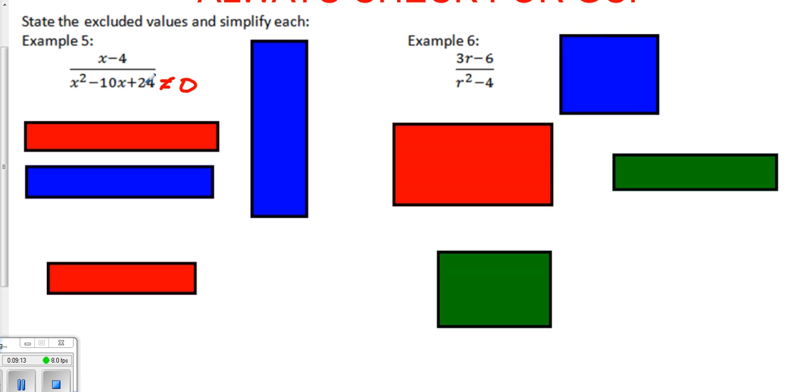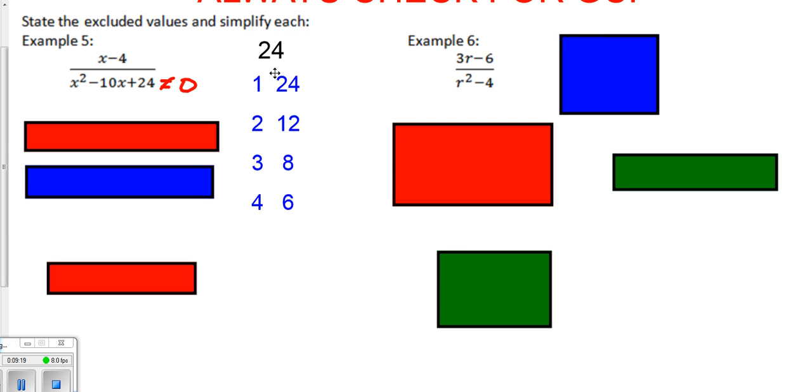This has 3 terms, so we use the AC method. A is 1, C is 24, so AC is 24. Factors of 24 are 1 and 24, 2 and 12, 3 and 8, 4 and 6. 24 is positive, so they're either both positive or both negative. We need them to add up to -10, so that's going to be -4 and -6.